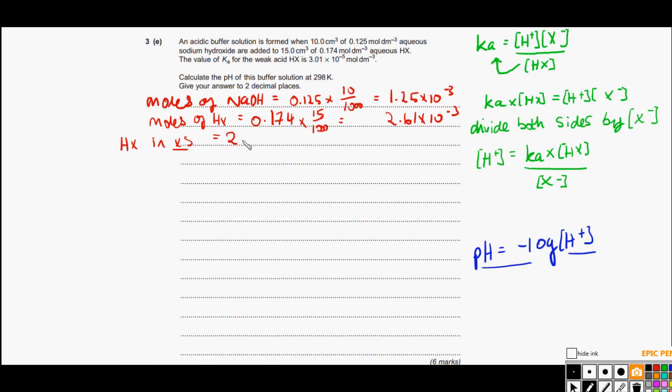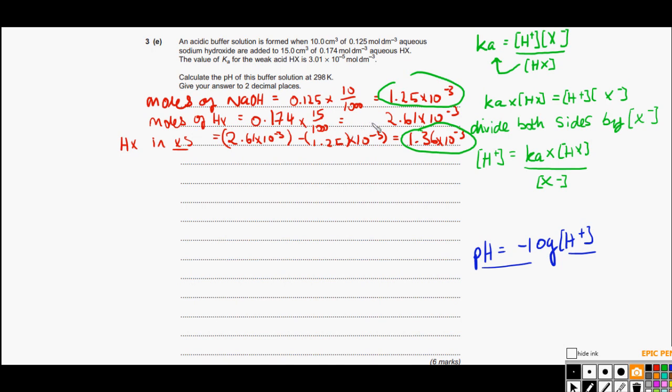That's equal to 2.61 × 10⁻³ minus 1.25 × 10⁻³, and that gives us 1.36 × 10⁻³. In our calculation we're going to be using both our moles of NaOH and our moles of HX in excess.